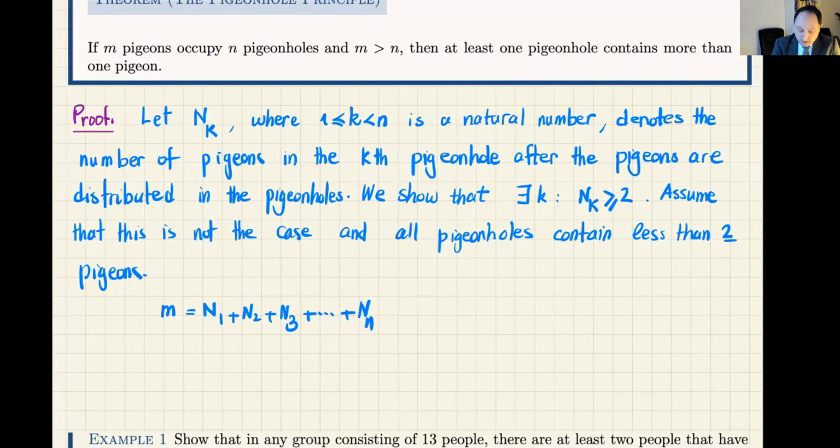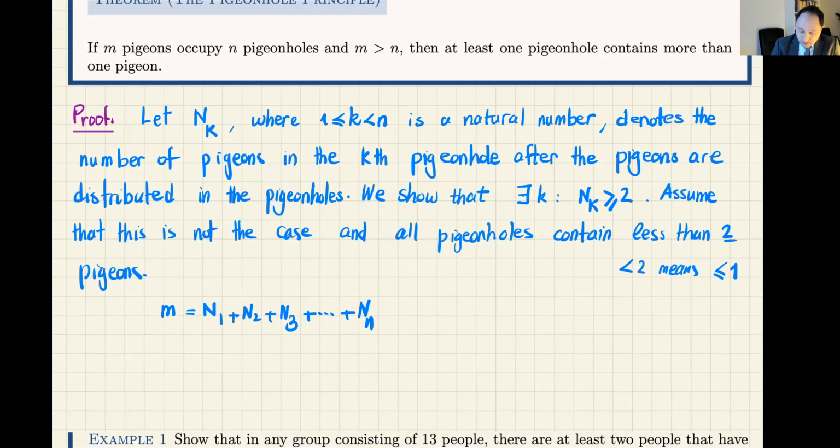Yes, so less than 2 means what? It means less than or equal to 1. Yes, because the number of pigeons is a natural number. So when you say that this is less than 2, it means that this is less than or equal to 1. Yes, okay.